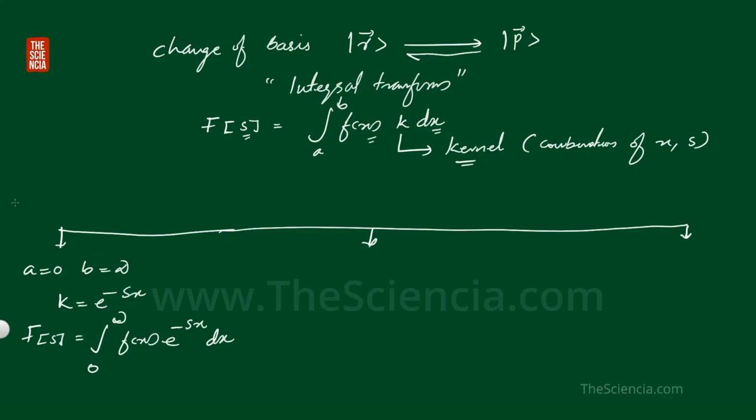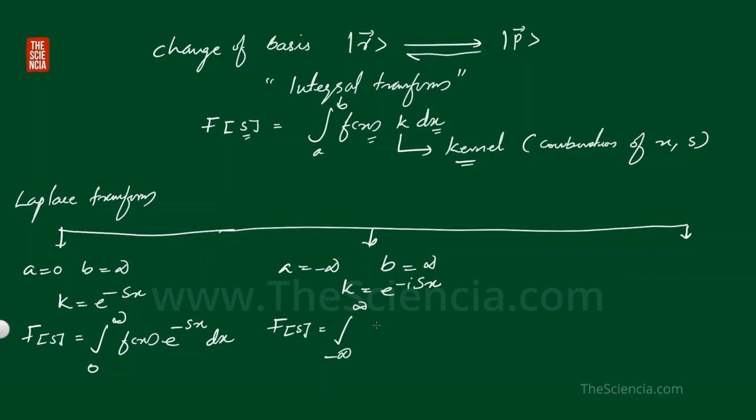This is called Laplace transform. And the next one is a equal to minus infinity and b equal to plus infinity, and kernel is equal to e raised to minus isx. That is, F(s) is equal to integral minus infinity to infinity f(x) e raised to minus isx dx. This one is called Fourier transform.